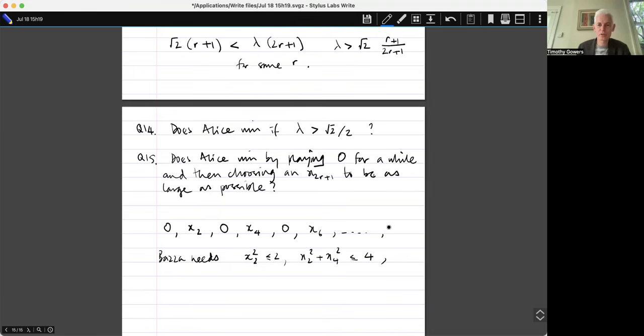Let's go up to x2r. So we want to say, when will it be possible for Bazza to defeat this strategy at the 2r plus 1 stage? So all the way up to x2 squared plus x4 squared plus all the way up to x2r squared has to be less than or equal to 2r.